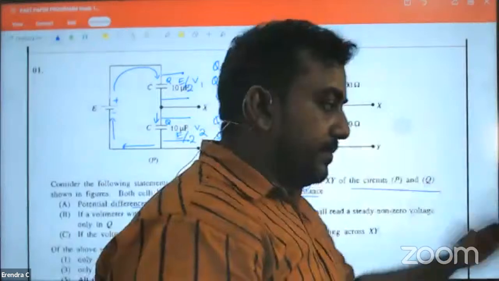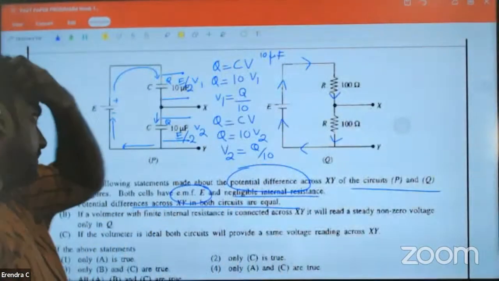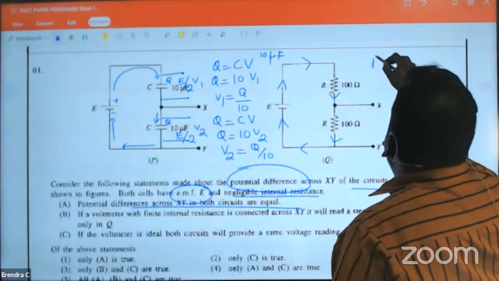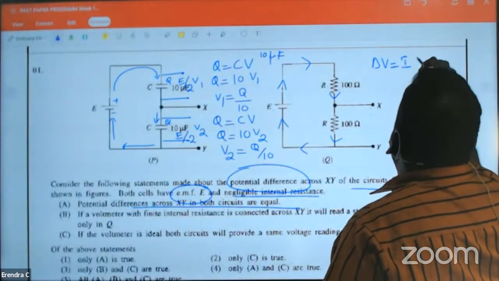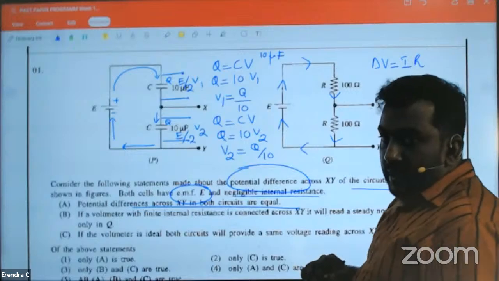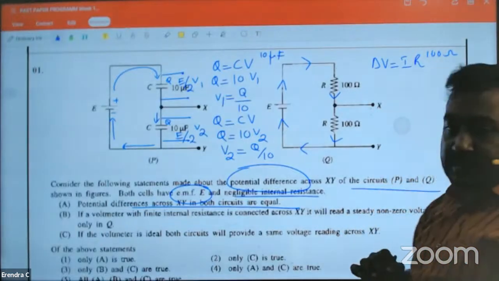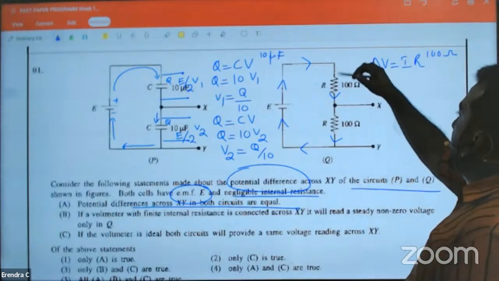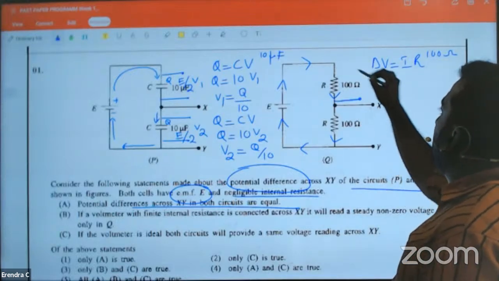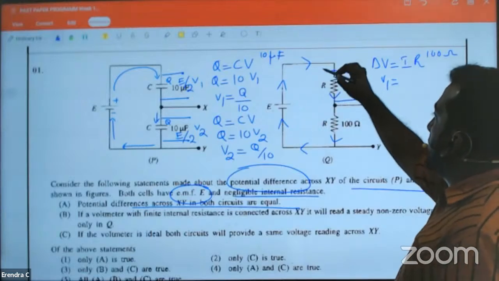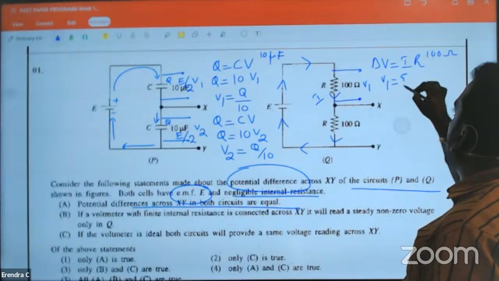Now look at this. Equal resistors. Potential difference is equal to I times R. I'm applying across a 100 ohm resistor. So potential difference here, I'll take it as V1. V1 is equal to, remember, same current will pass through, I times 100.